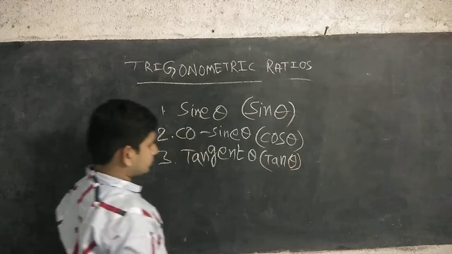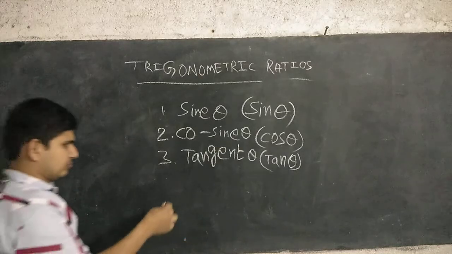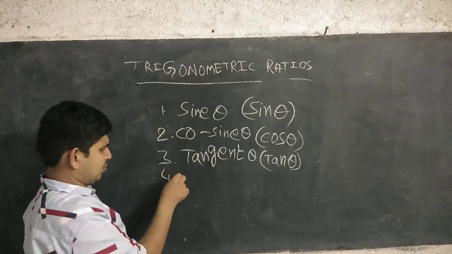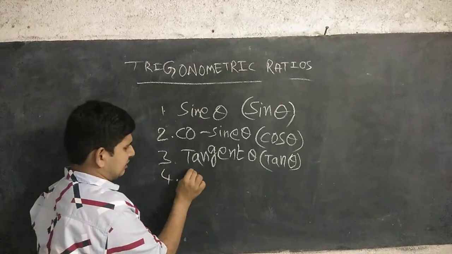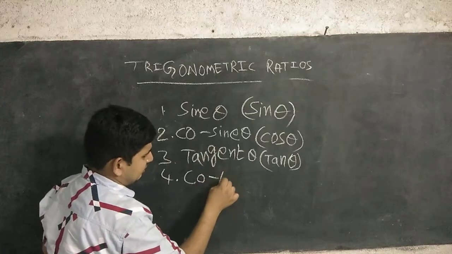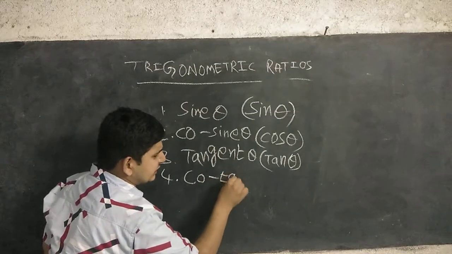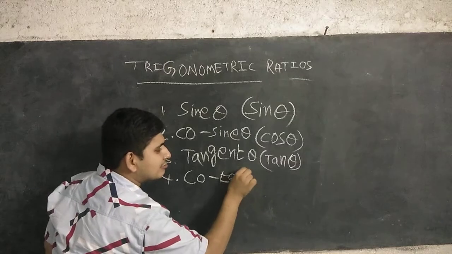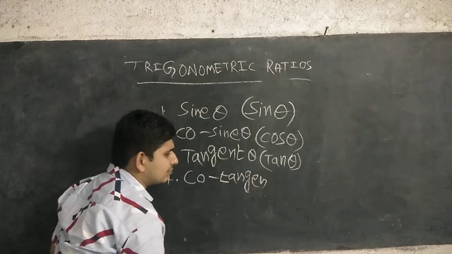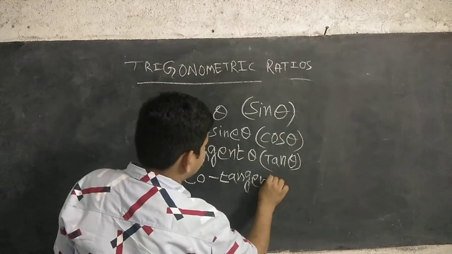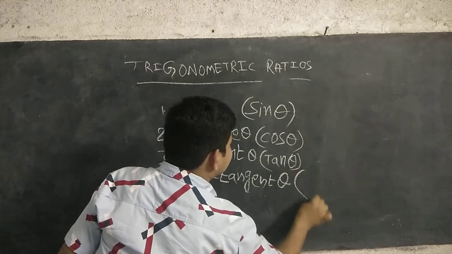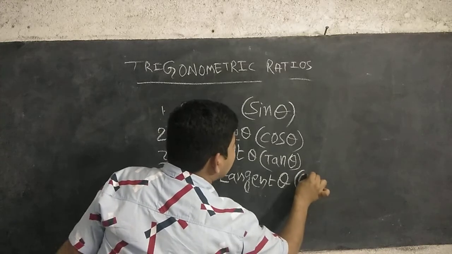Next, the fourth one, cotangent theta, which in short you can call cot theta.